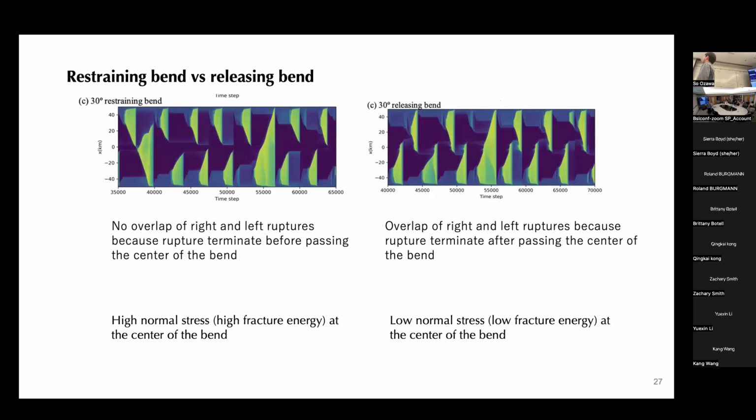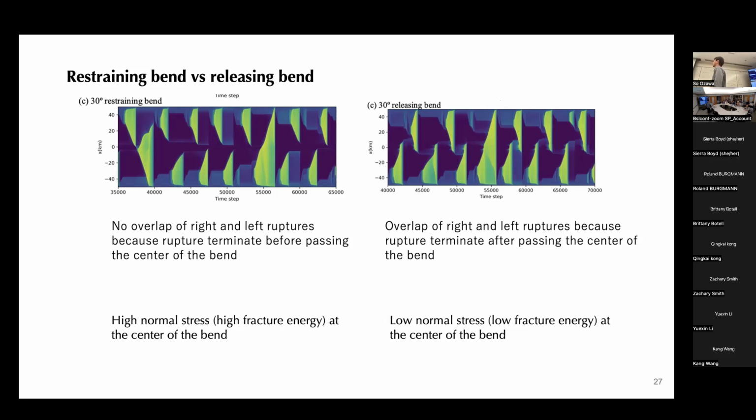So there is constant accumulation of stress here, because ruptures terminated before passing the center of the bend, like this. But for the releasing bend, the rupture regions of the left segment and right segment overlap, because they are terminated after passing the center of the bend. So there is no stress accumulation, because they rupture more frequently.